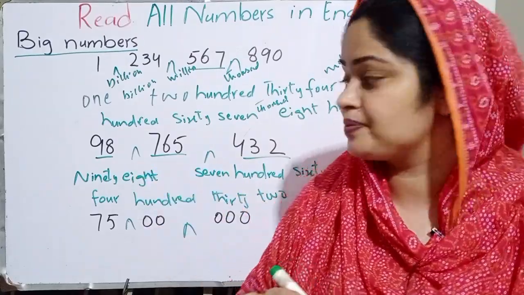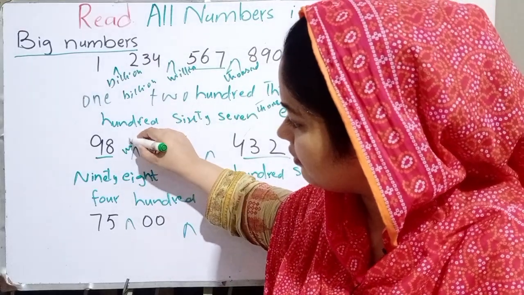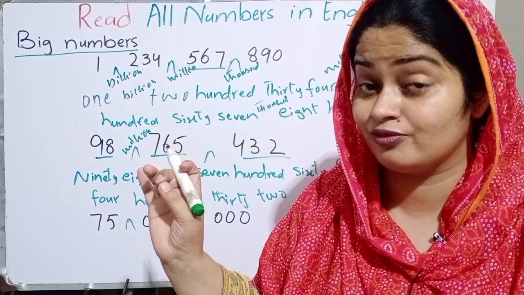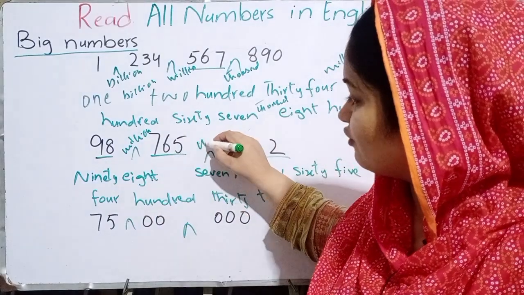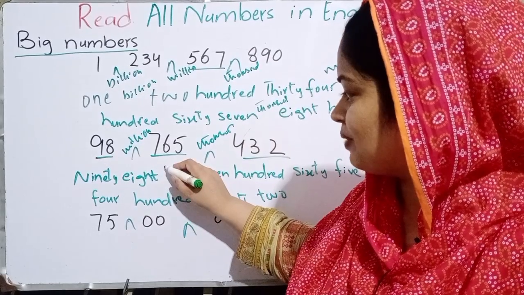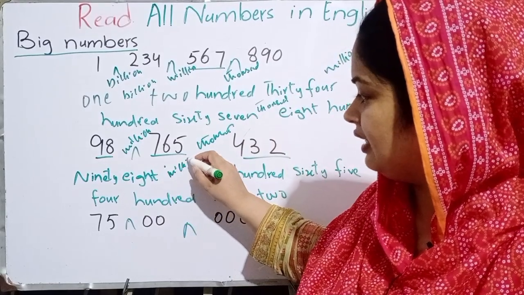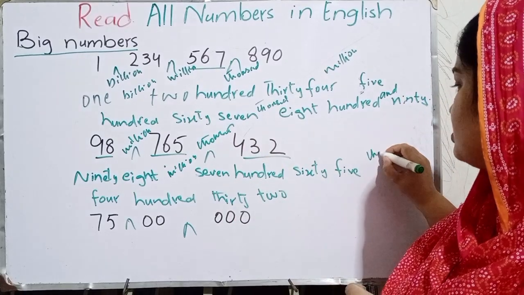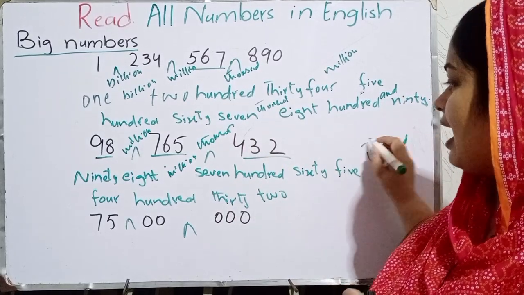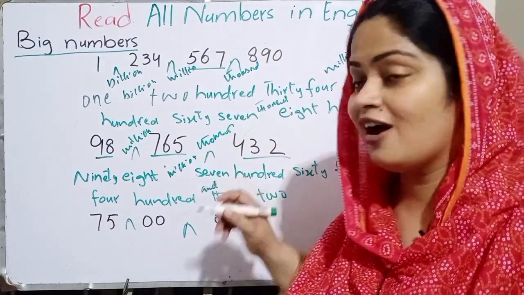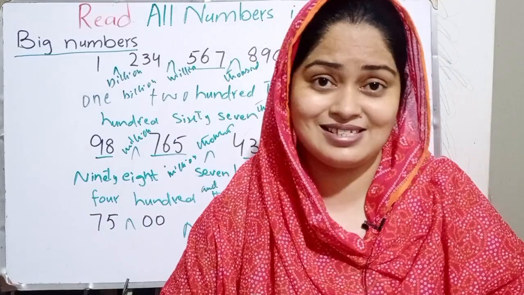If there are two gaps, the first gap will be million and the second will be thousand. So after 98 you have to place million: 98 million, 765 thousand, and after the last 100 you have to place 'and'.